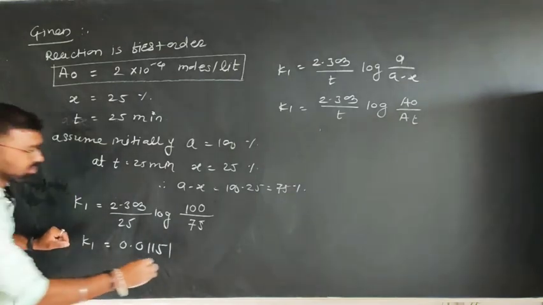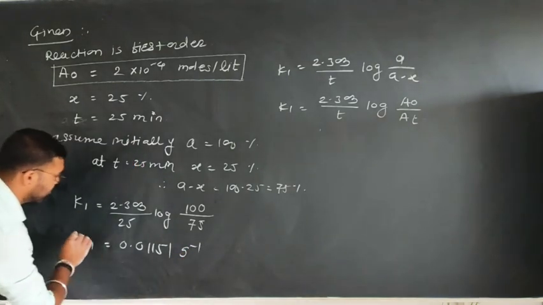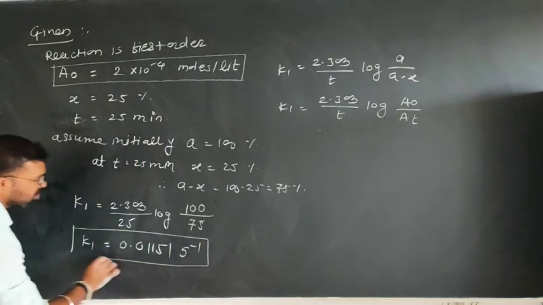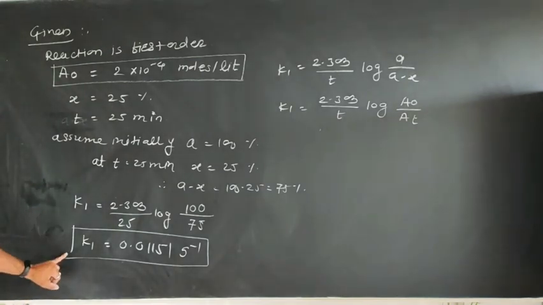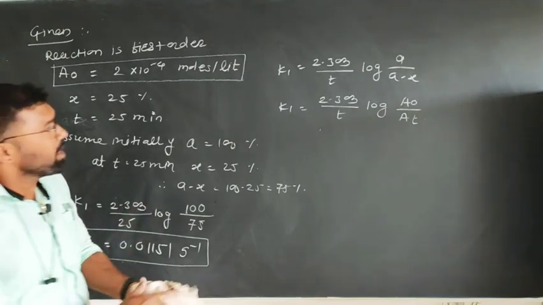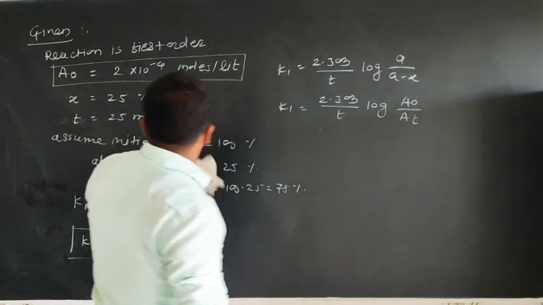What is the unit? Second inverse. That means you will get the rate constant value 0.01151 second inverse, right? Now you want to solve the second half of the problem.